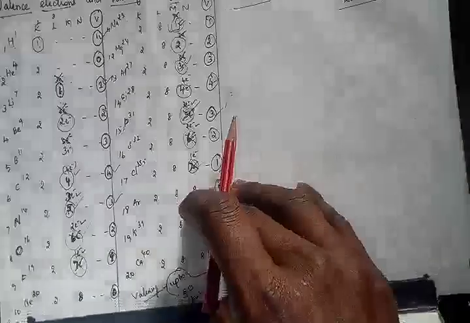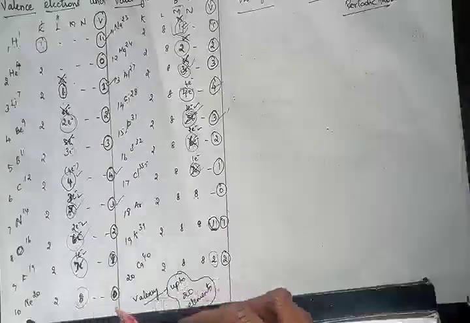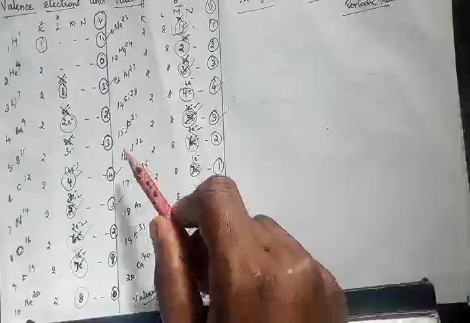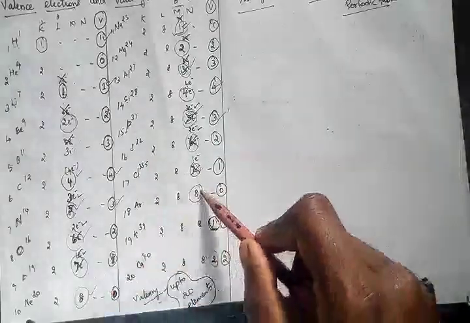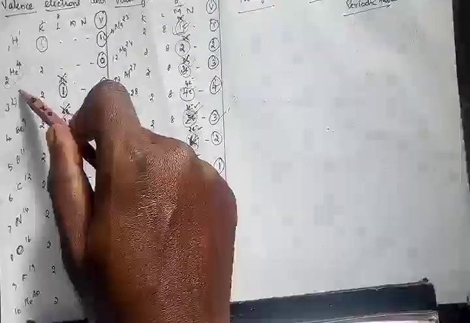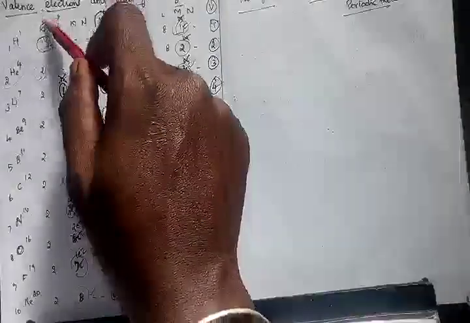Now come to the next one. That is the neon case we will go for. Neon, the last shell has 8 electrons. Even argon, you could see here, argon has 8 electrons, right? So there is one exception here. Helium has 2 electrons, but the shell is filled. That is what you have to understand. The K shell is filled.